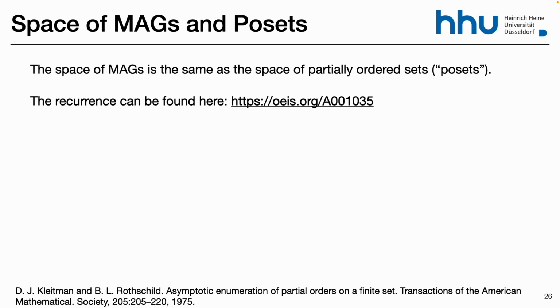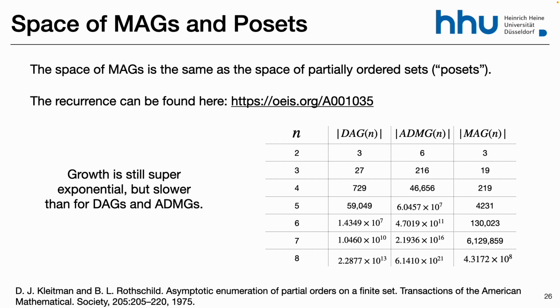If we start counting, there is actually a recurrence. It's kind of a code to compute the DAGs or the MAGs. And if you see here how many MAGs I can produce over this number of variables, in comparison to the DAGs it is still higher, right?